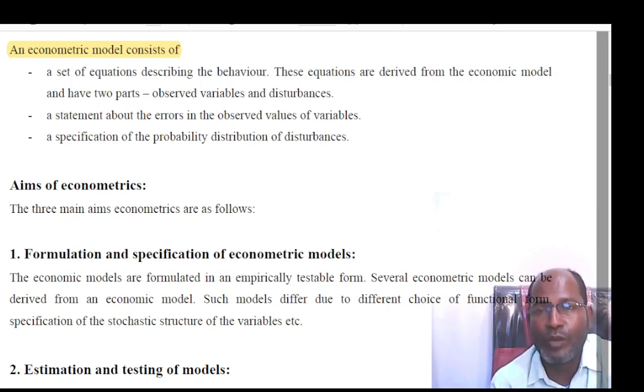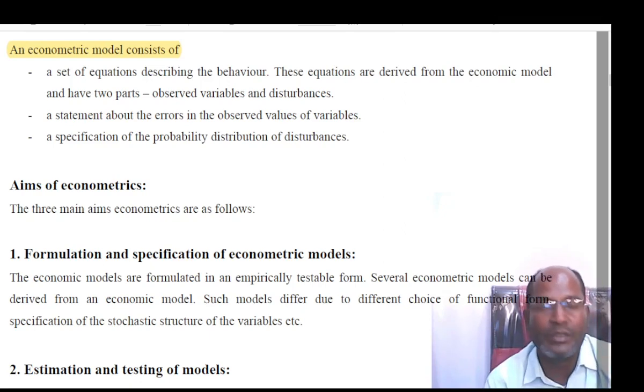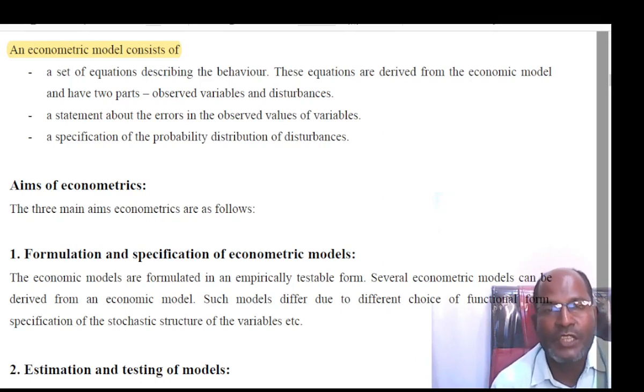Several econometric models can be derived from an economic model. Such models differ due to different choices of functions, specification of the stochastic structure of the variables, and so on. So the first objective of econometrics is formulation and specification of econometric models.